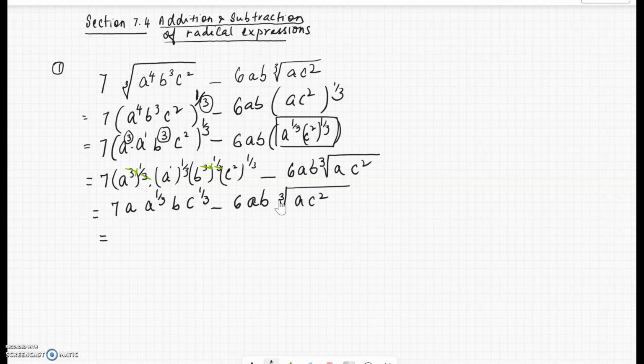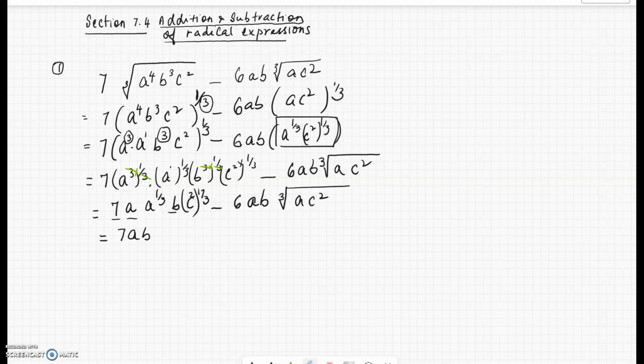Now, we're going to collect all the terms with whole number exponents, so that's 7AB, and this is 2 times 3, that should have been a 2/3, or I could just leave it as C squared the whole to the 1/3, because there's not much simplification that I can do there.